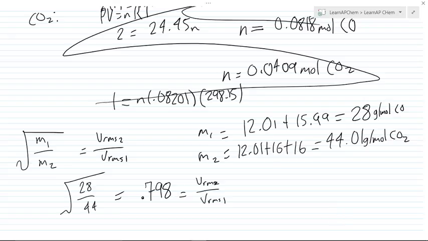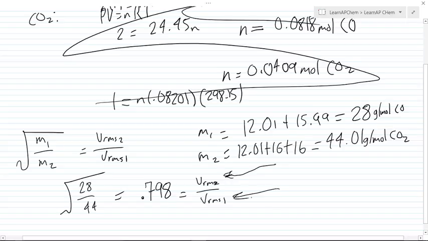This means that VRMS2 must be less than VRMS1. Okay? And if that's not immediately clear to you, we can cross multiply and see that VRMS2 is going to be equal to VRMS1 times 0.798.